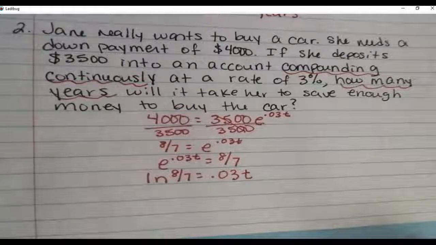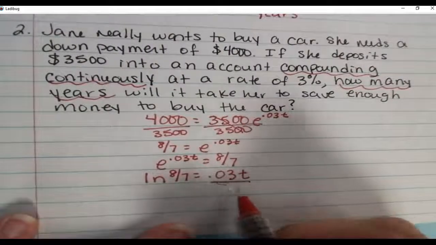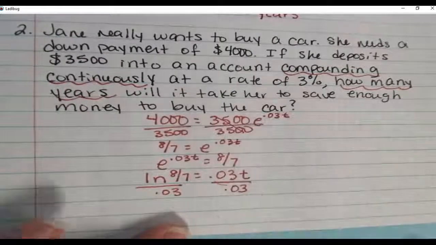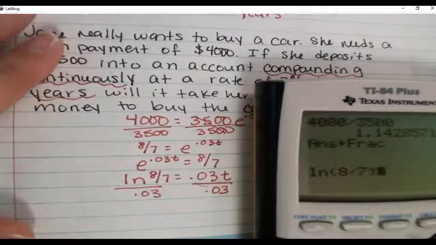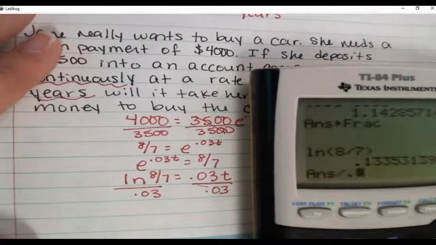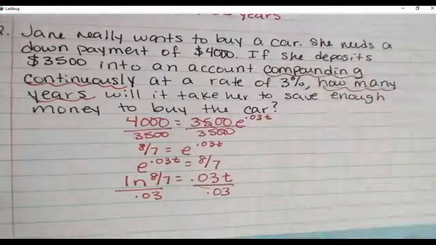Good. So then we want to get T by itself, so we divide. So then ln of 8/7 is about 1.33 divided by 0.03 gives us about 4.45.